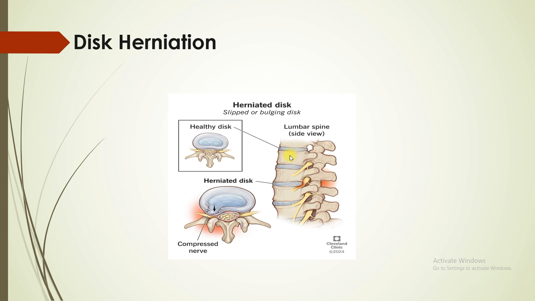This round part alone is the vertebral body. Along with the posterior portion, like the spinous process, transverse process, lamina and facets, the whole combination is called the vertebral segment.